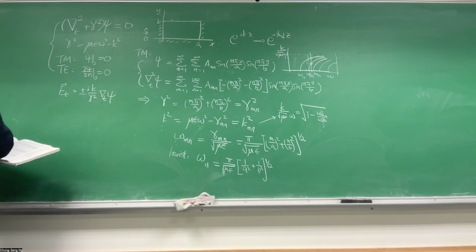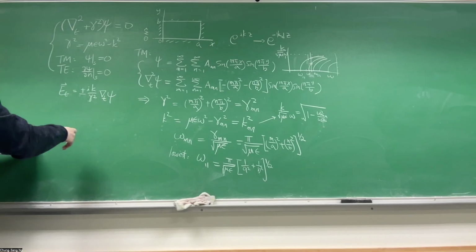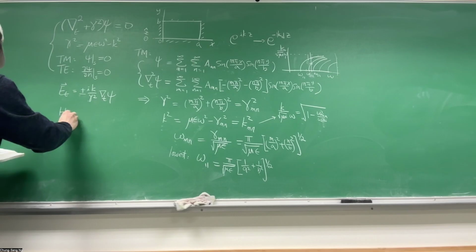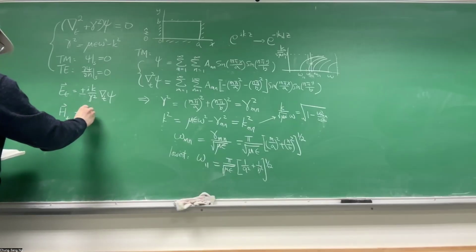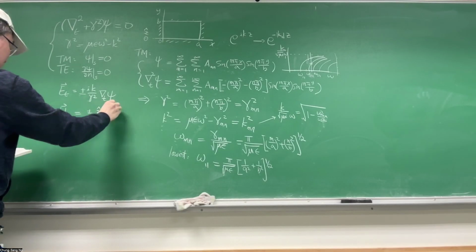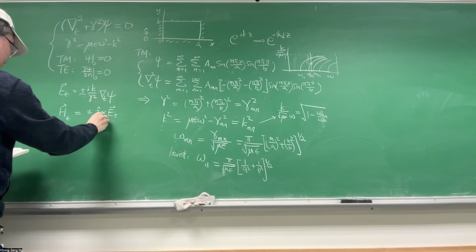And then, once you have ET, you can use 8.31 or 32. Jackson actually put it in a so-called unified form. So HT is plus or minus E cross ET, divided by this Z function.